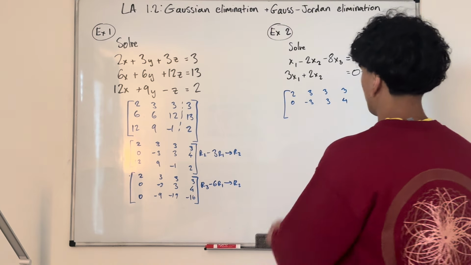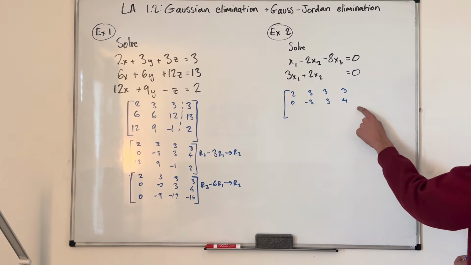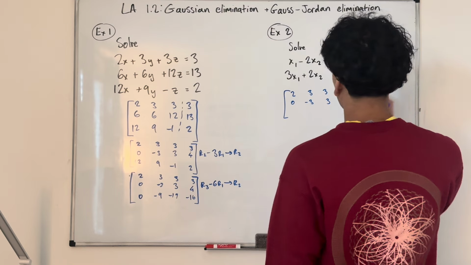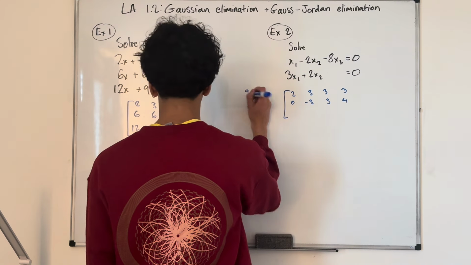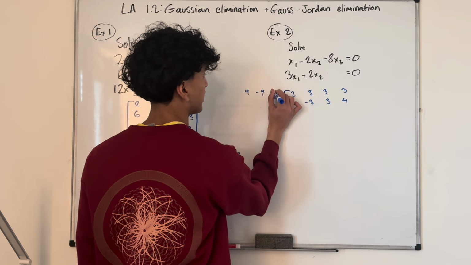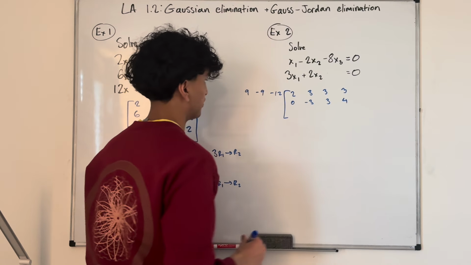So let's do that, right? I'm going to multiply this row by -3, so I get a 9, and that +9 is going to cancel out that -9. If I write the coefficients, and you don't have to do this every time, you can do this in your head, but while we're still starting, those are the coefficients.